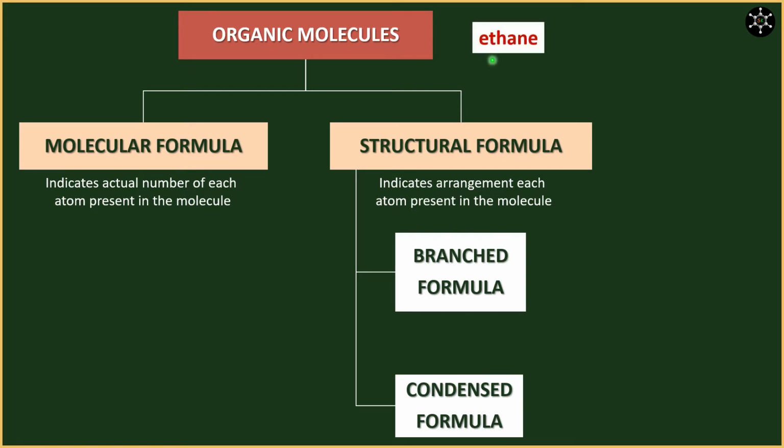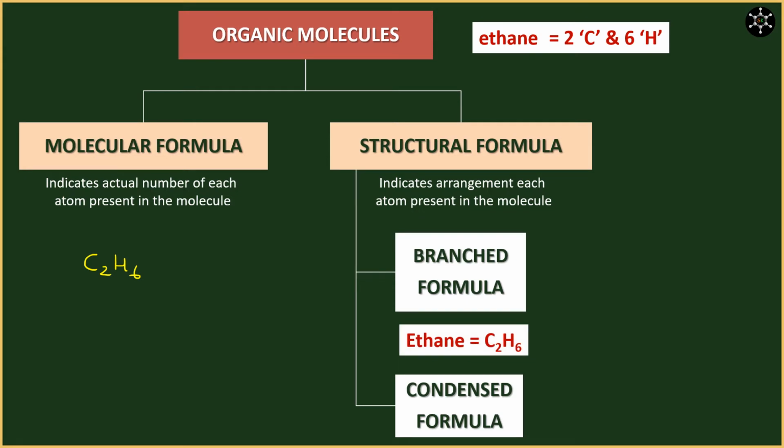Ethane is an organic molecule which is having 2 carbon atoms and 6 hydrogen atoms in it. So, molecular formula of ethane will be C2H6. Branched formula of ethane indicates how these 2 carbon atoms and 6 hydrogen atoms are arranged or connected in reality.